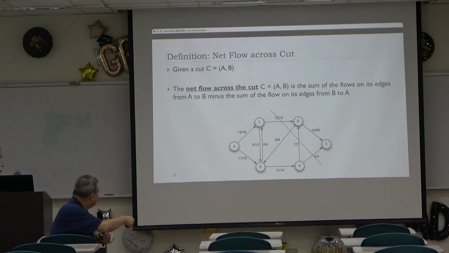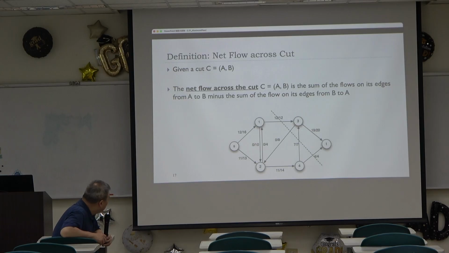Oh, by the way, for each edge, there are two numbers. The first number indicates the current flow assignment. The second number indicates the capacity of this edge. For example, from S to 1, there's 12/16, meaning the capacity for this edge is 16, and 12 have been used.